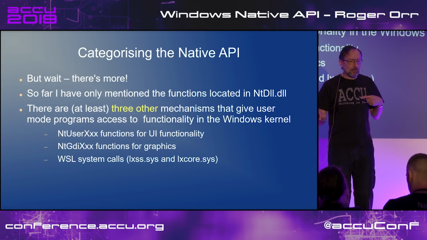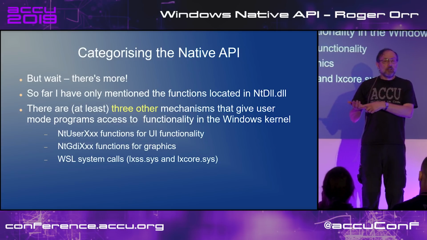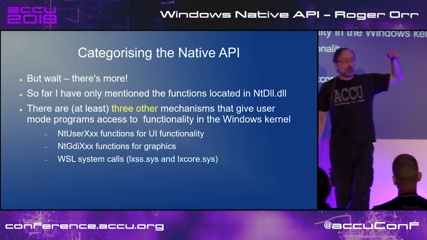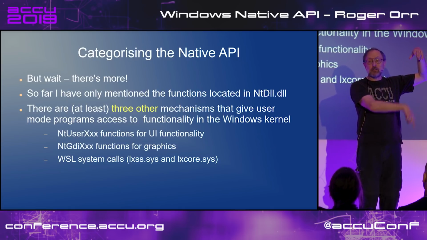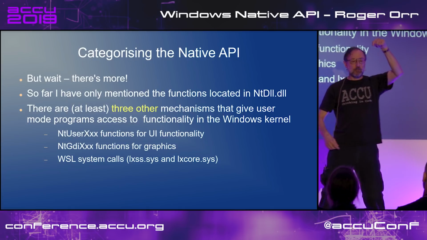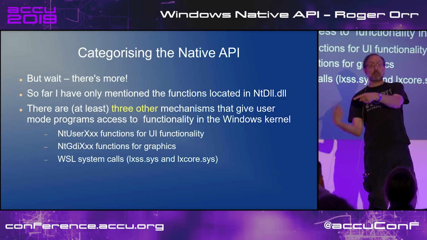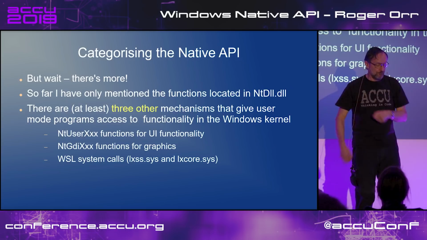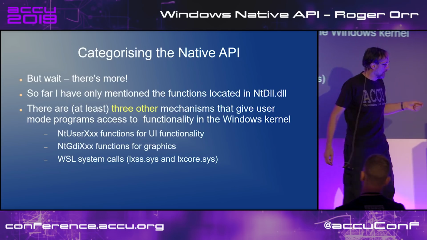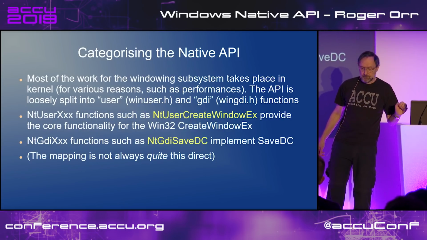Of course, that's partly why WSL is better, because you might have to make several calls from Cygwin in through the NTDLL layer to get one thing done. And on WSL, it's one call into the kernel, and now you're in the kernel. You can do the whole thing in there. But I'm not going to cover those in much more detail.